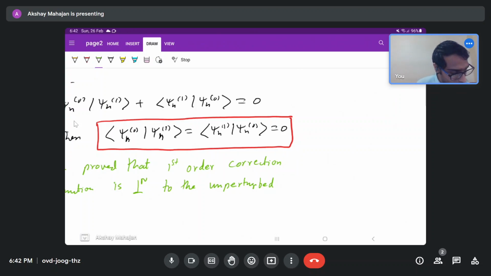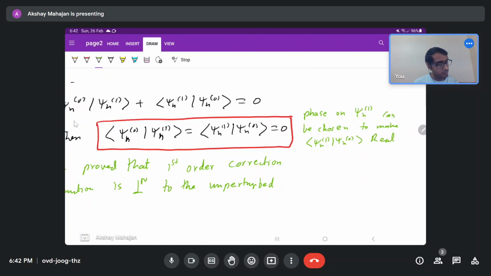One more thing I can write about this is that the phase on psi n of 1 can be chosen to make psi n of 1 psi n of 0 real.